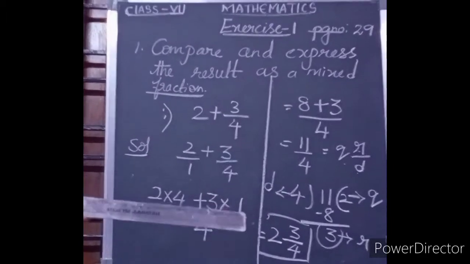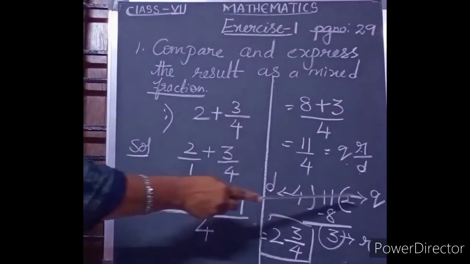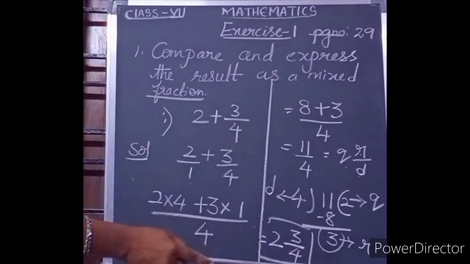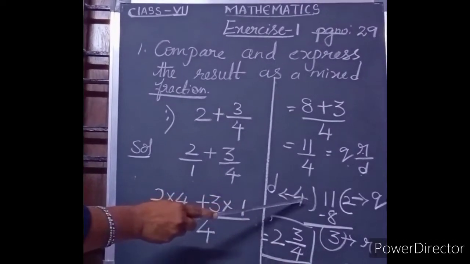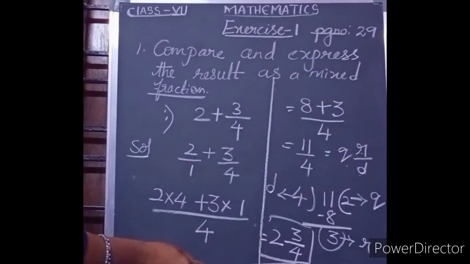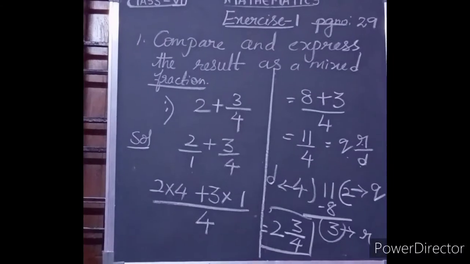Because 11 won't go in the 4 table; 4 3s are 12, so it is a greater number. We cannot take it. 4 2s are 8. 11 minus 8 is 3. Now 2 is the quotient, 3 is the remainder, 4 is the divisor. So we have written 2 3 by 4, QR by D. This is the mixed fraction, children.